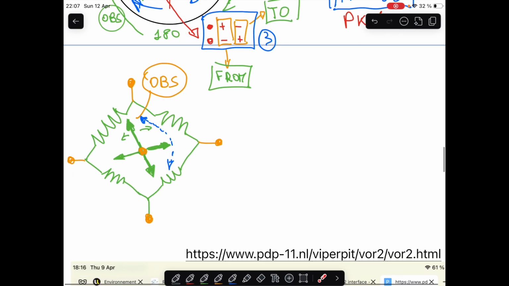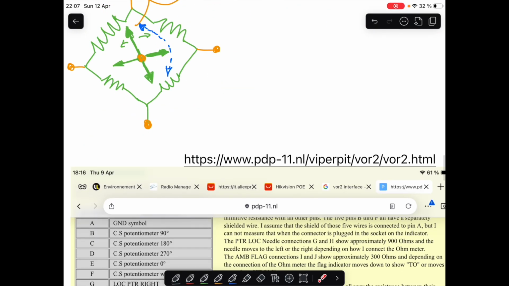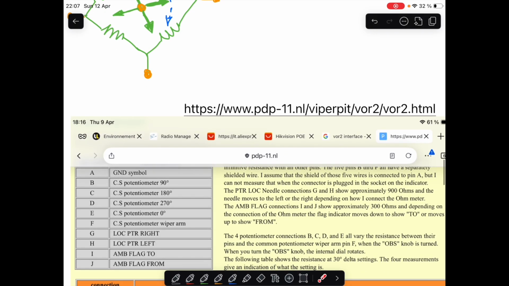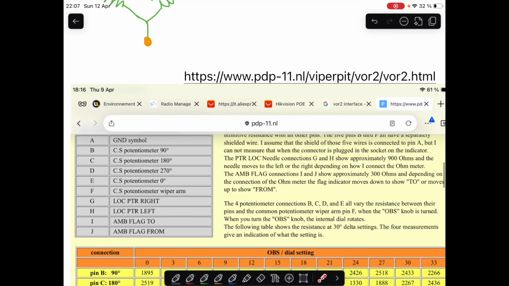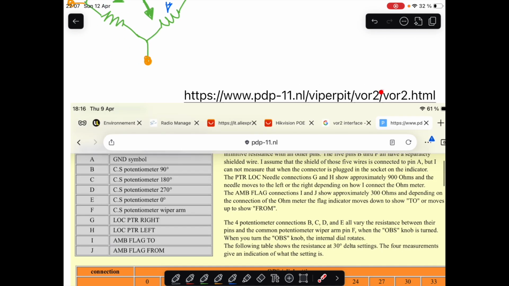So I was lucky enough to find on the internet this web page, which is very nice. It's a bit old, I think, but it's quite nice to check. It's about an F-16 simulator, and the guy came up with the same VOR2 indicator, and it was quite nice to check what he did with this.